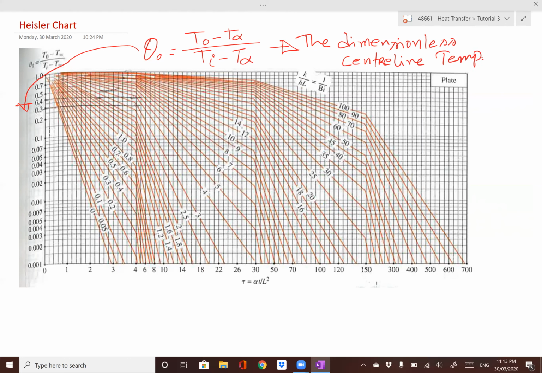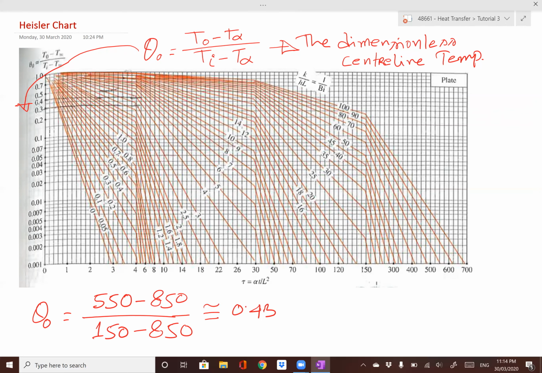So if I use the given values, we reach 550 degrees Celsius, the furnace temperature is given as 850, and the initial temperature is 150 minus the furnace temperature 850. So from here we'll get approximately 0.43 as the dimensionless centerline temperature.